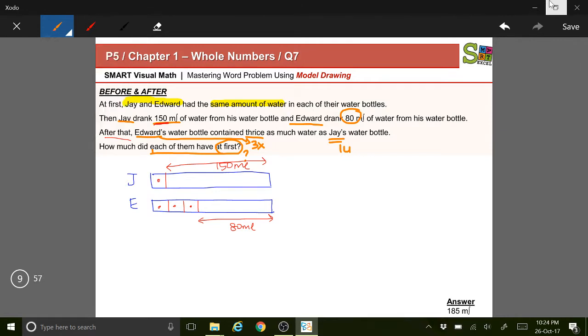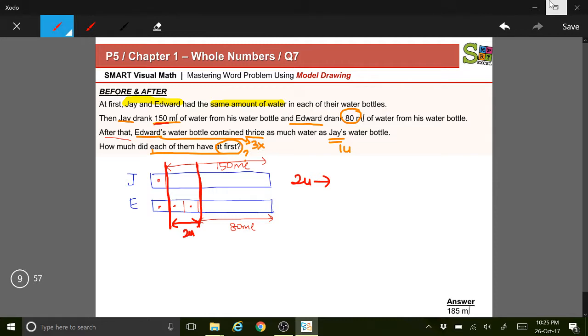I want you to notice this part. Concentrate on this red bit that I drew. We see that this is the 2 units, yes? So what is this 2 units equivalent to?